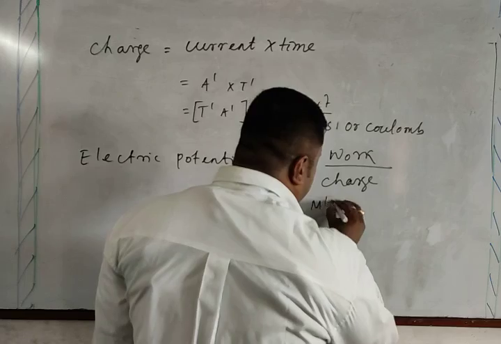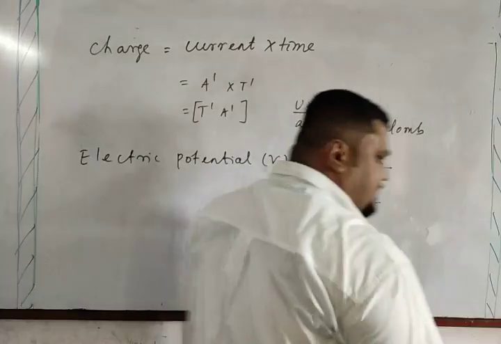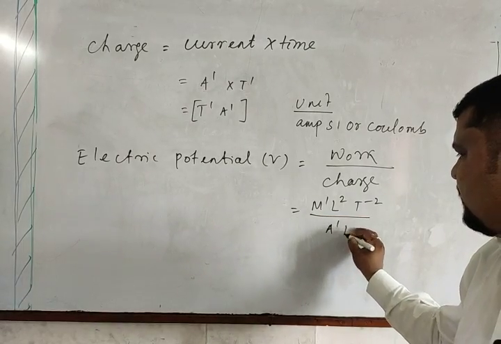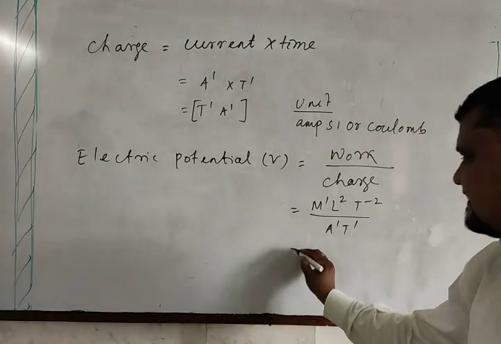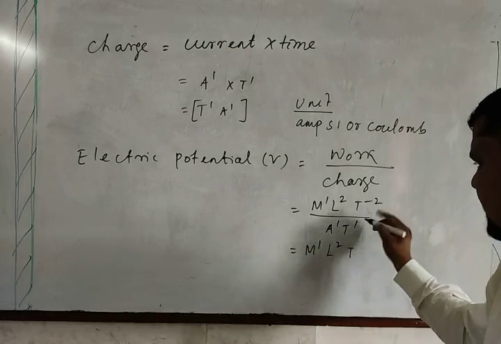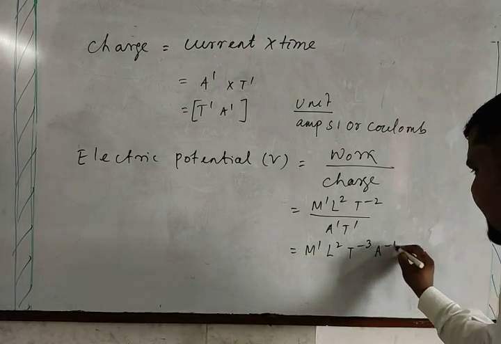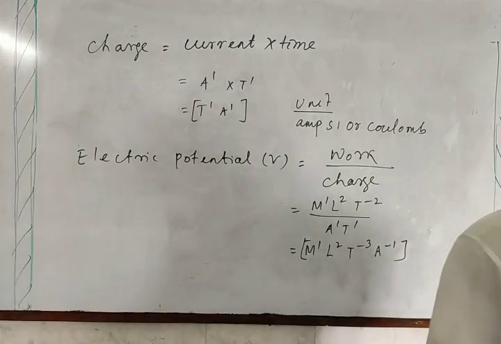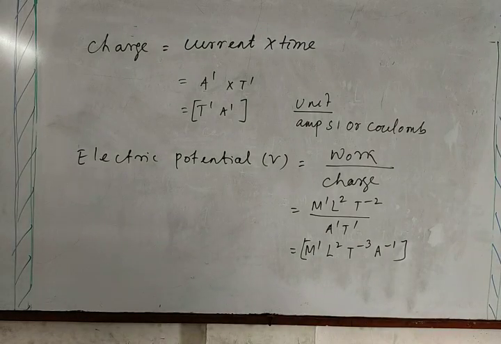So what is work? M1 L2 T minus 2, the same. Work is M1 L2 T minus 2, and charge is already derived, A1 T1 or T1 A1. So this is equal to M1 L2 T minus 3 A minus 1.